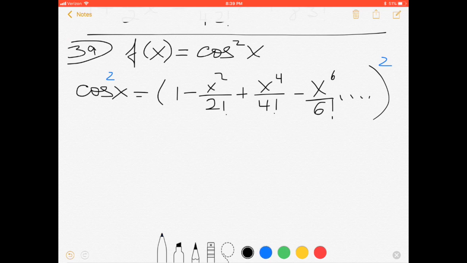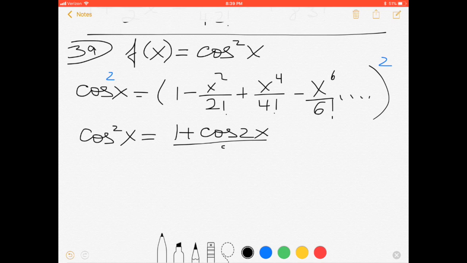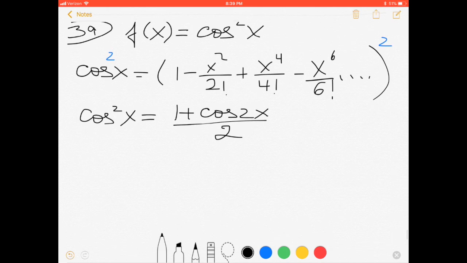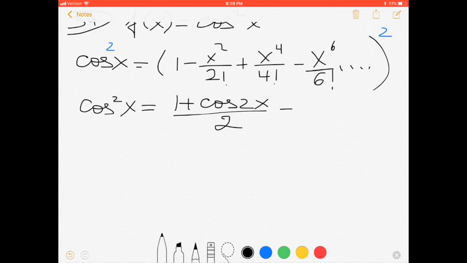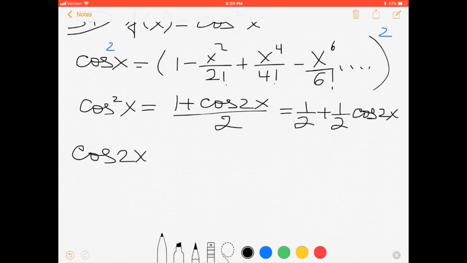But because we have cosine squared x, you can remember cosine squared x is (1 plus cosine 2x) over 2, right? And this means it will be 1 half plus 1 half cosine 2x. And cosine 2x build is no problem.